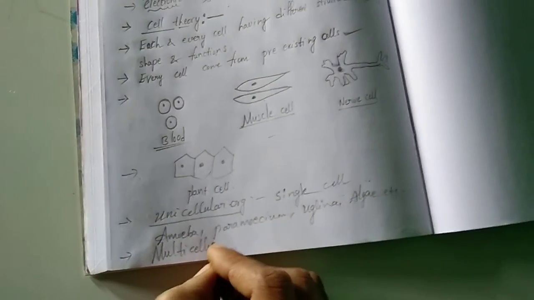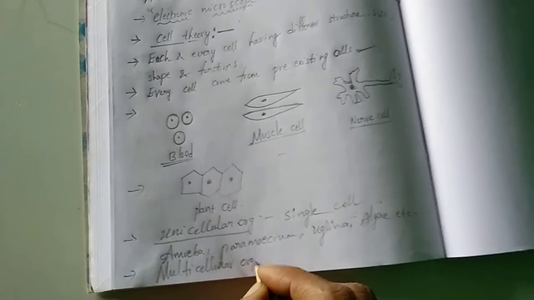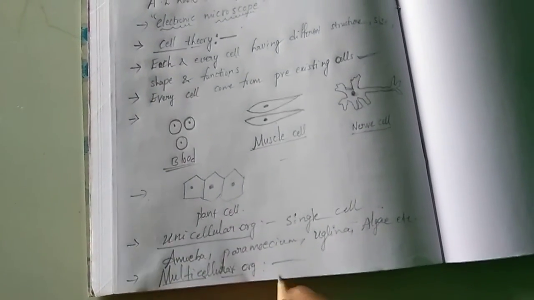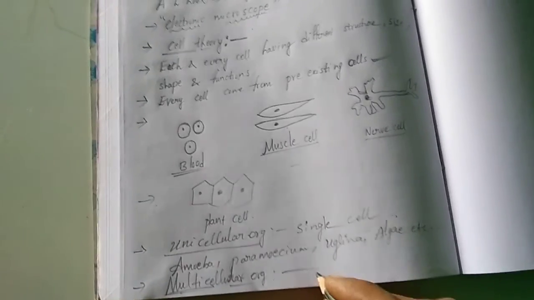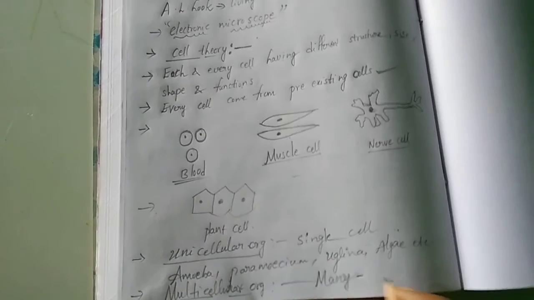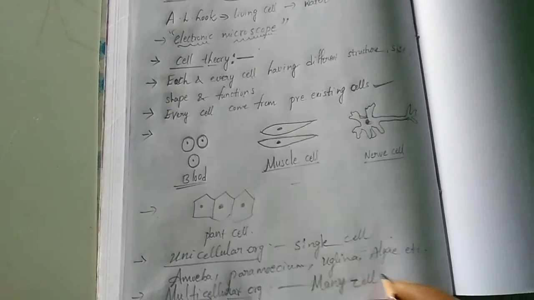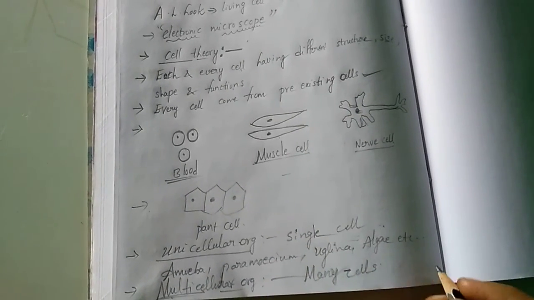Then what is meant by multicellular organism? See here, multi means many. Many means more than one cell. There are a number of cells, multi cells. So many cells are present in the living body.